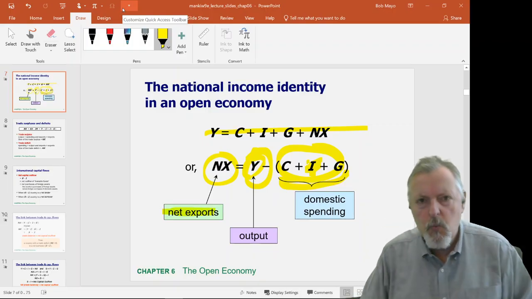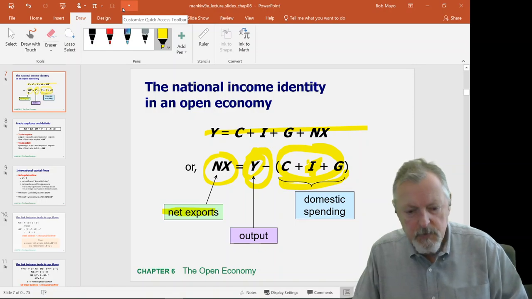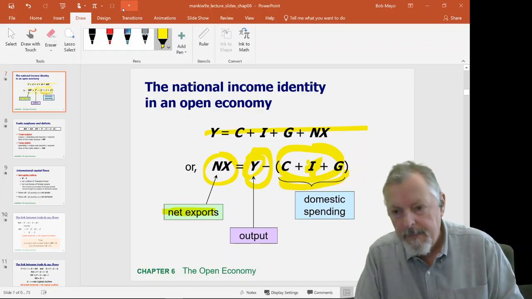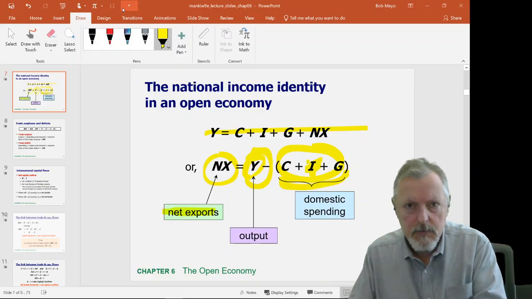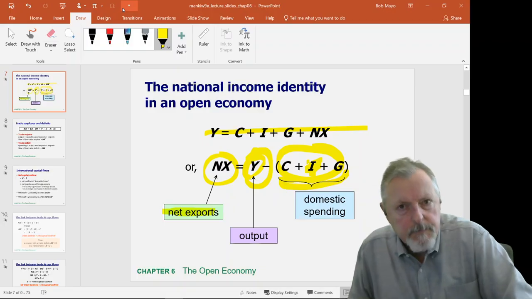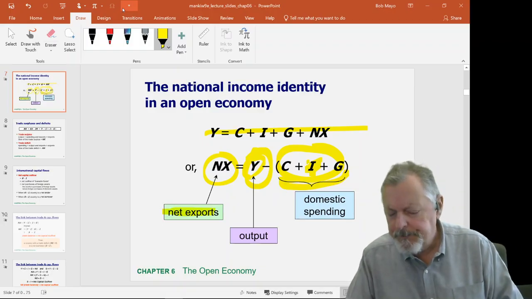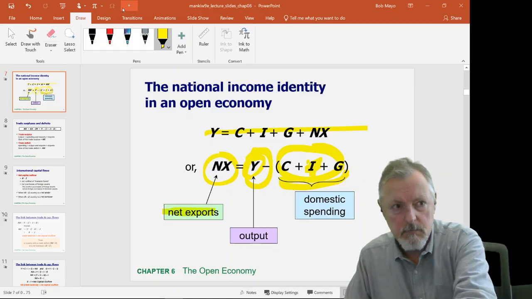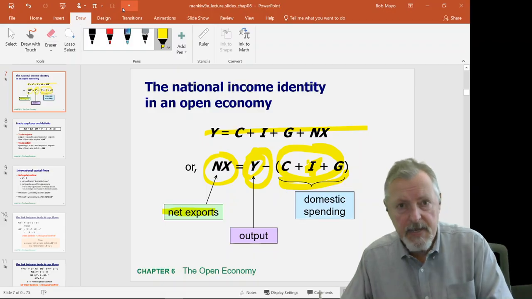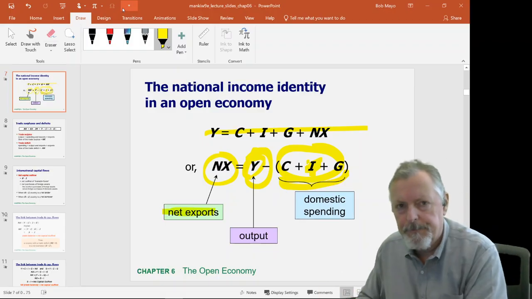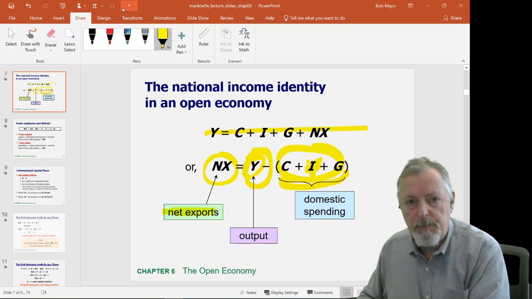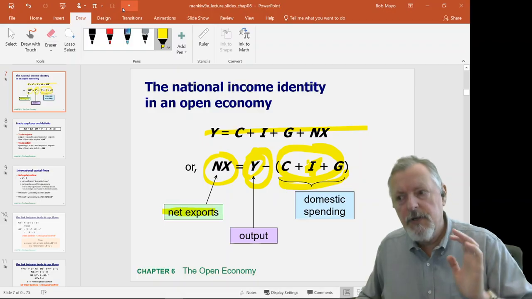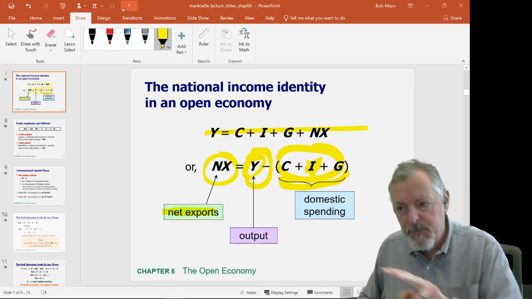So someone in Germany who wants to buy something from you, to export from the United States, import from the German perspective, the German has to get dollars. How do they get dollars? Well, basically two ways. Someone in the United States can loan dollars to Germany. Then they have dollars, but that's capital flowing out. They then use that money to buy something made in the United States. That's goods flowing out. They're both going in the same direction.